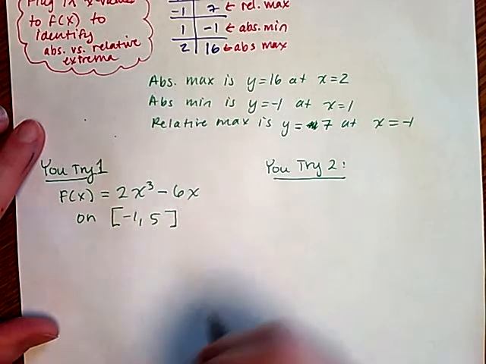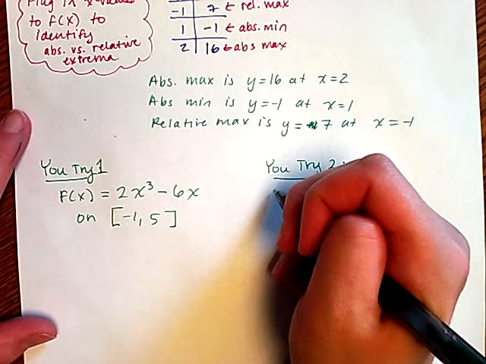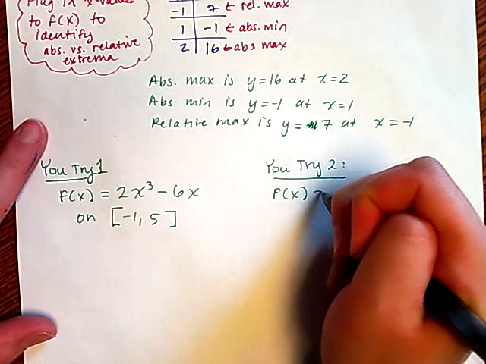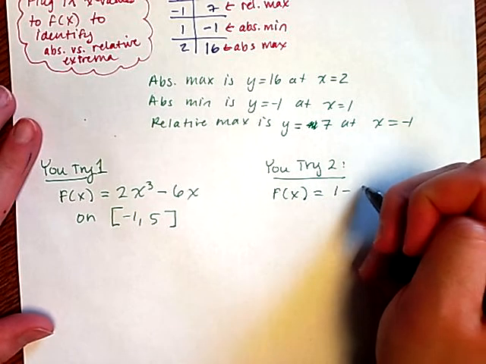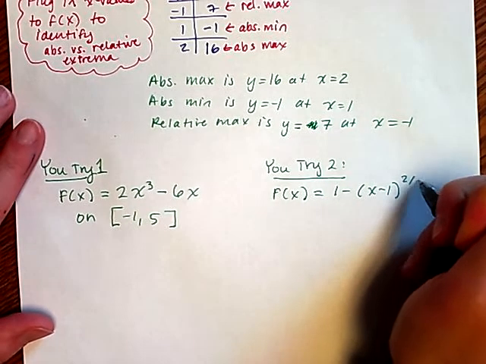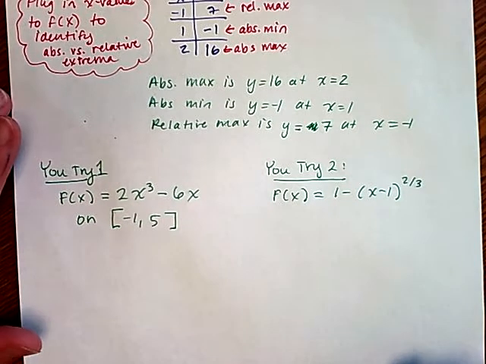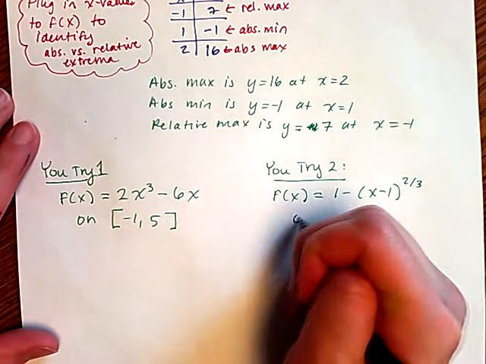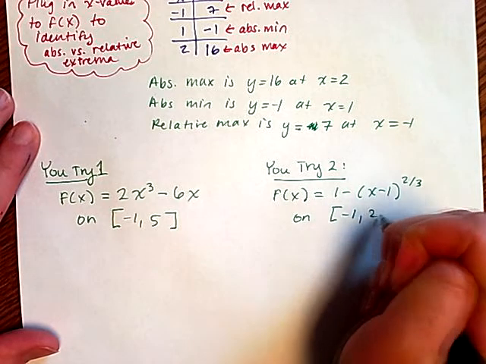And since we did all that algebra work on Thursday, let's give you a non-polynomial function to think about: 1 minus the quantity x minus 1 to the 2/3 on the interval from -1 to 2.